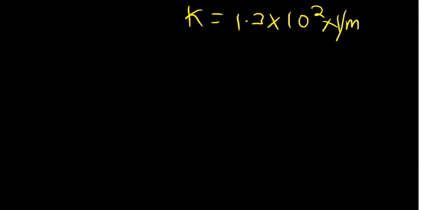Then we have been told that the mass of this object is 0.35 kgs. So the question is, an object is attached to a spring of a force constant of 1.3 times 10 to the power 2 Newton per meter, and is free to move on a frictionless horizontal surface.